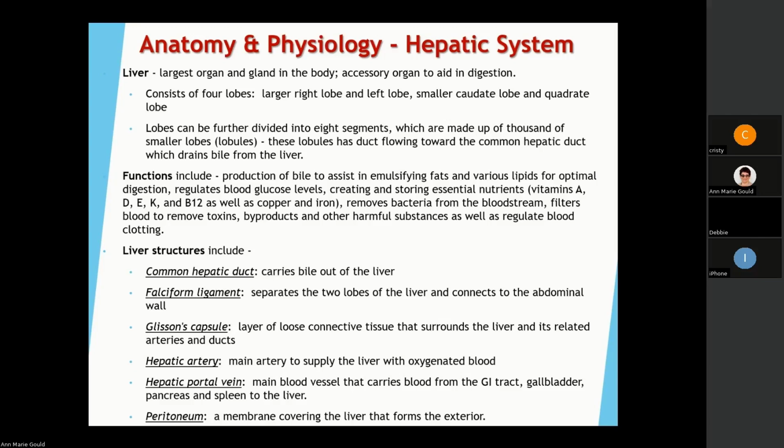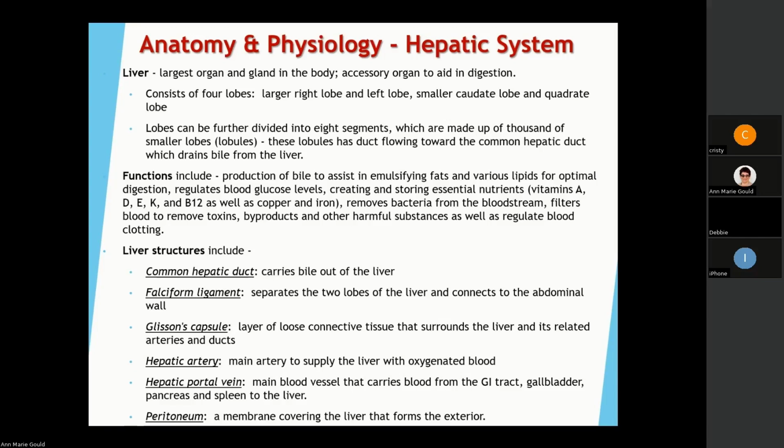Now, the functions, of course, production of bile to assist in emulsifying your fats and various lipids for optimal digestion. It also regulates your blood glucose levels, creating and storing essential nutrients. That's where your vitamins come into play, your D, E, K, and B12, as well as copper and iron are stored in the liver.